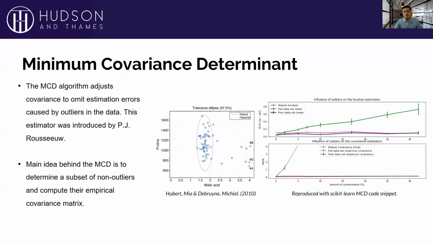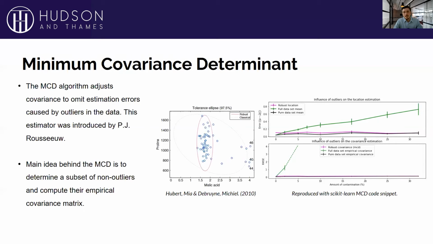So first, the minimum covariance determinant. What is the goal of this tool? The goal is to adjust to the sensitivity of the outliers of the covariance and the correlation. This estimator was introduced by Barziy, and the main idea here is we take a subset of observations that we assume are not outliers and calculate covariance based on them.